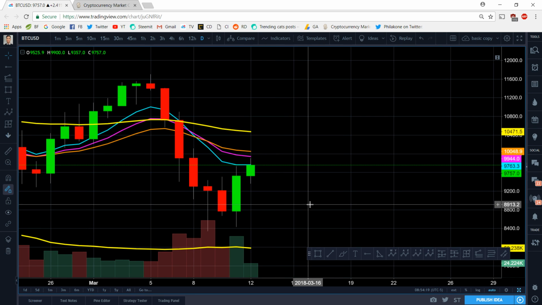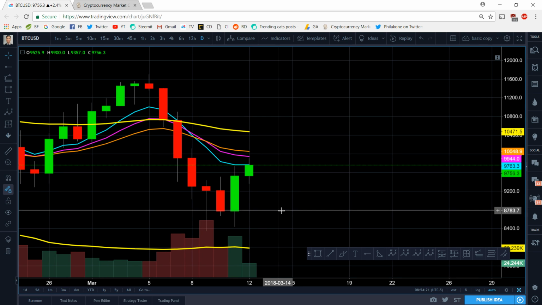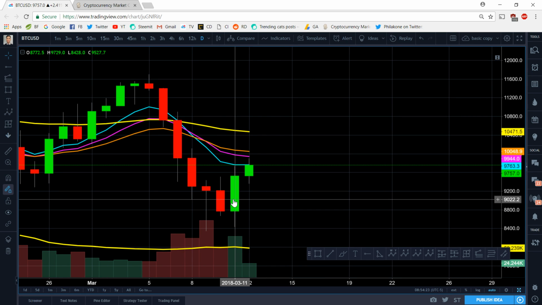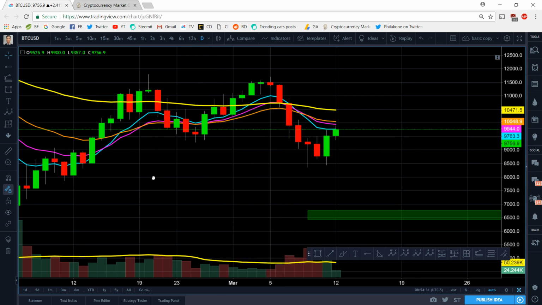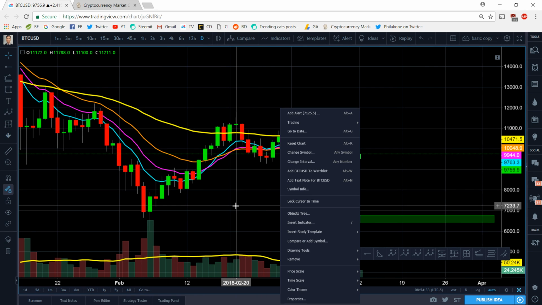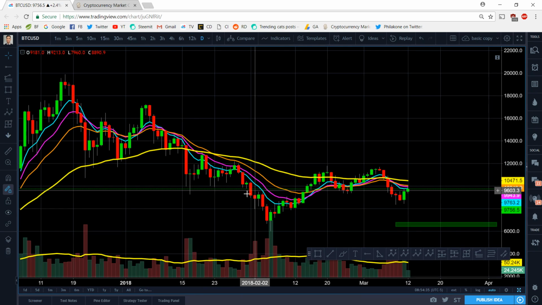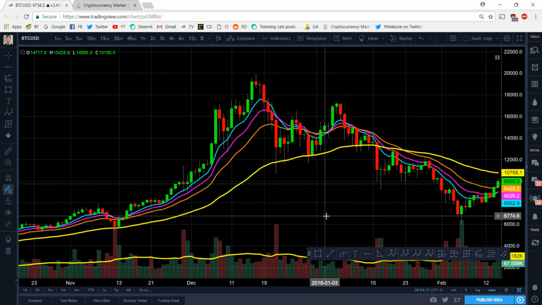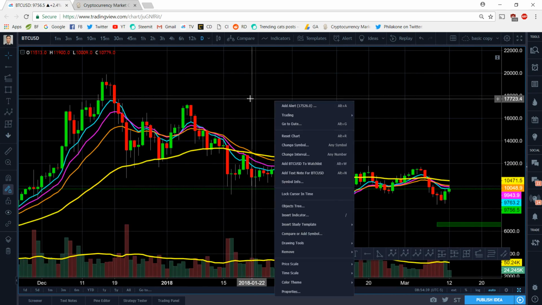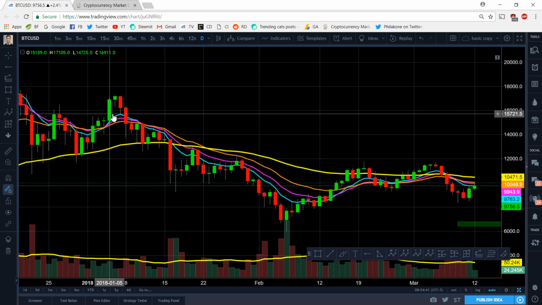So right here, this is a really good candle. Think about the range, guys. It went from a low of 84.28 to 87.29. We're talking about a $300 recovery in one day. We haven't done that in the longest time. I don't think we have even done that once yet. This candle looks pretty big, right?